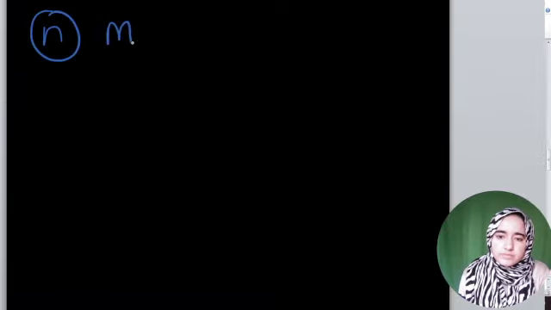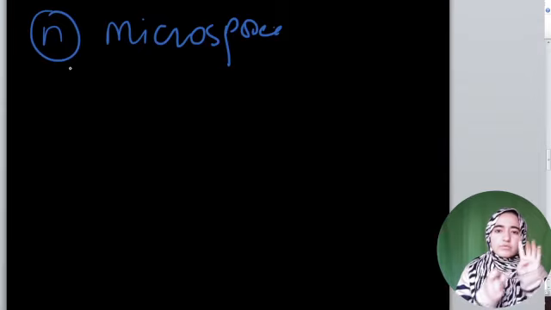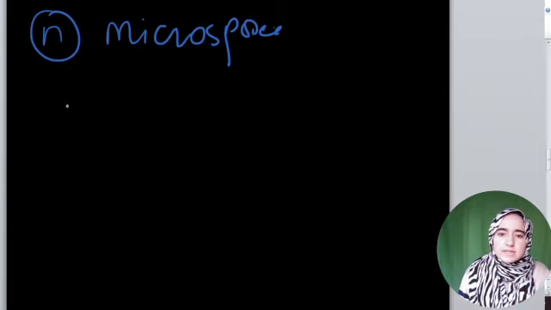Say, for example, I am taking one microspore like this. Its polarity, as I already mentioned, is n. From one microspore mother cell we got four microspores, which is known as a microspore tetrad. Each microspore will develop like this.